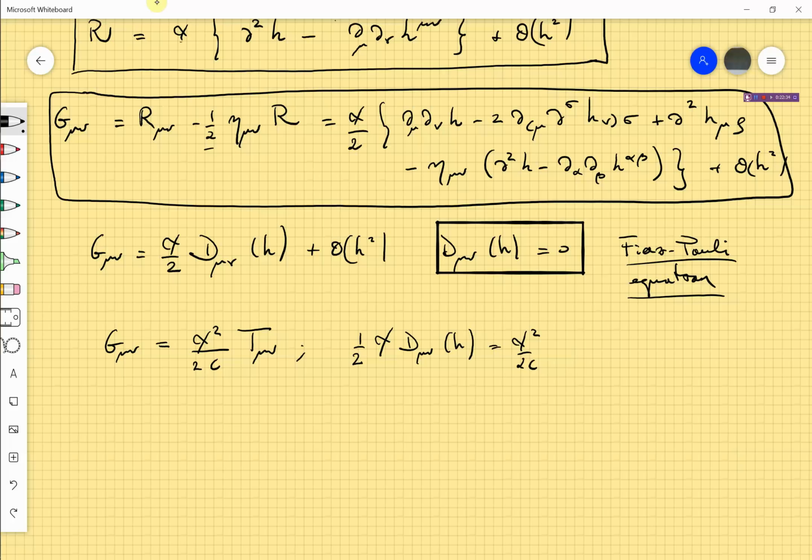Let me write this as T mu nu, because this is of order chi squared. So the right thing to do would be really to add things of the same order here, and we have ignored them. This is the first problem that you meet.